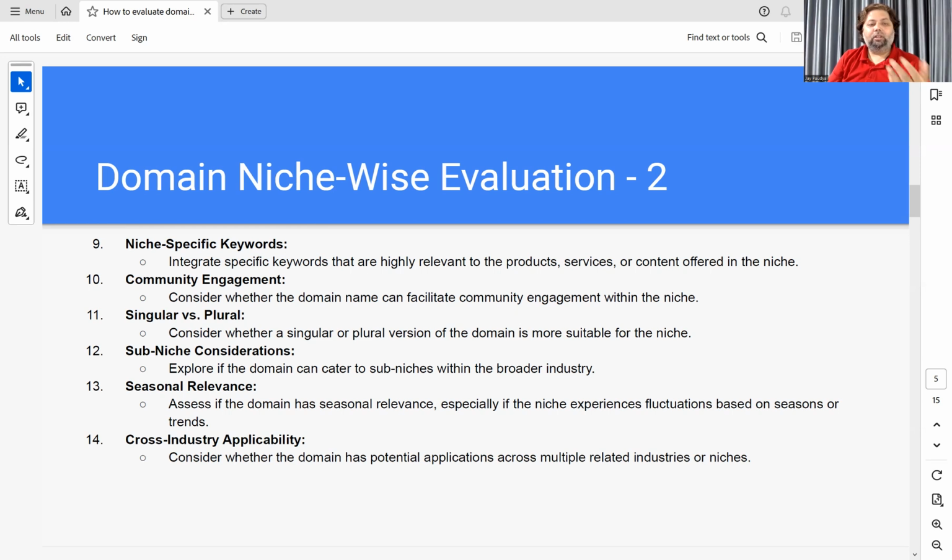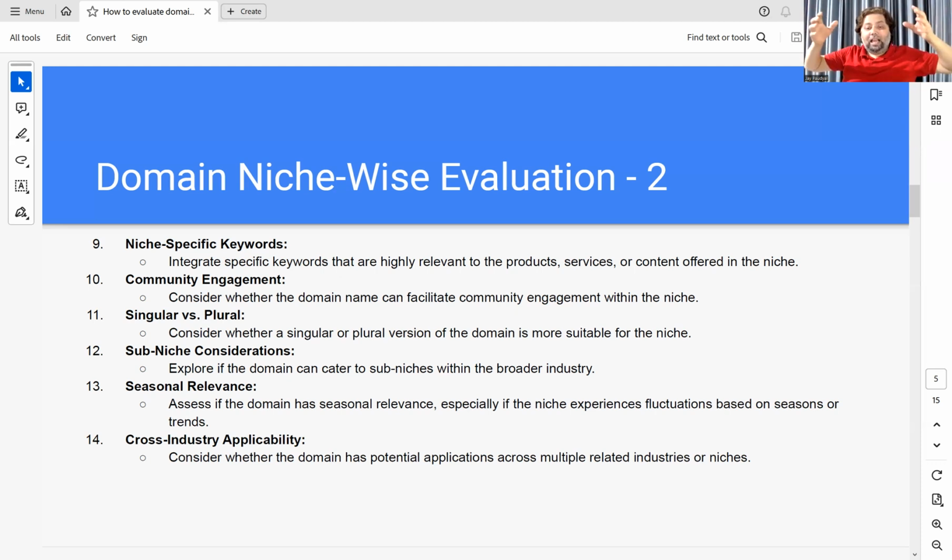Okay. Then number 12, sub niche consideration. Like in case of tabletop decor, you cannot think of any sub niche because tabletop decor is itself a niche. Any decoration item which you can put on your table. But in case of home decor, or topdecor.com, or smartdecor.com, that is a broader niche.